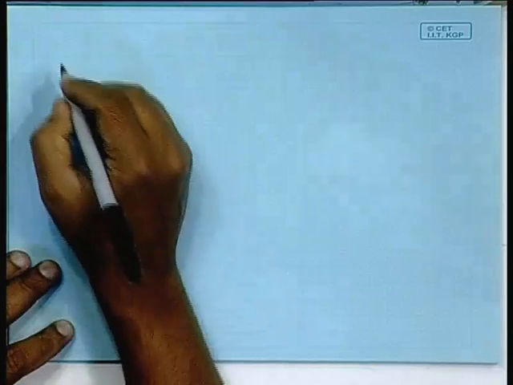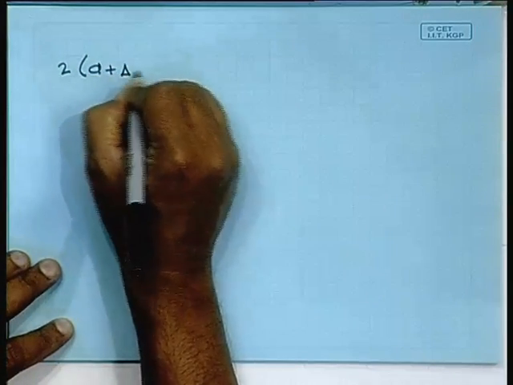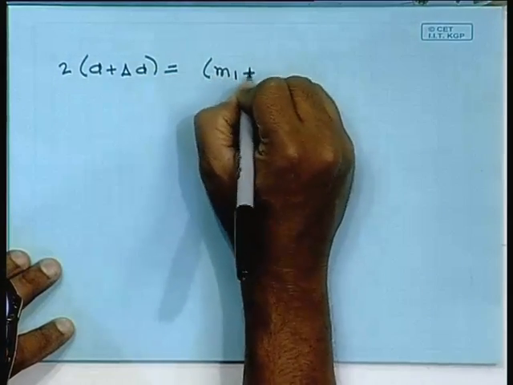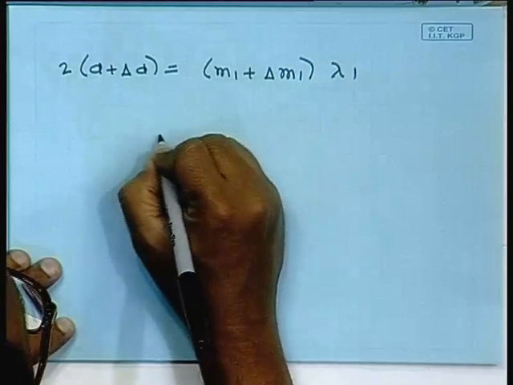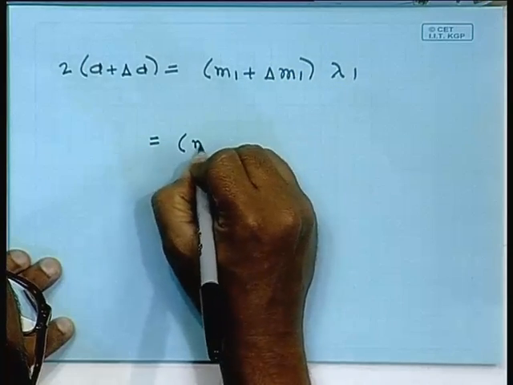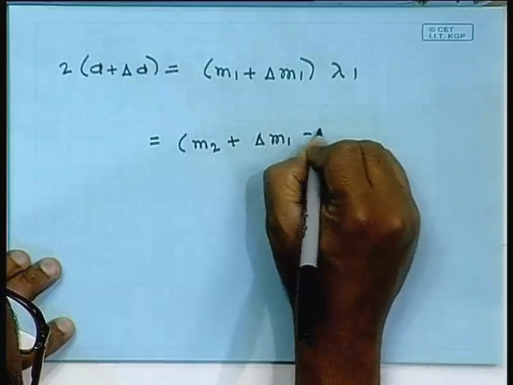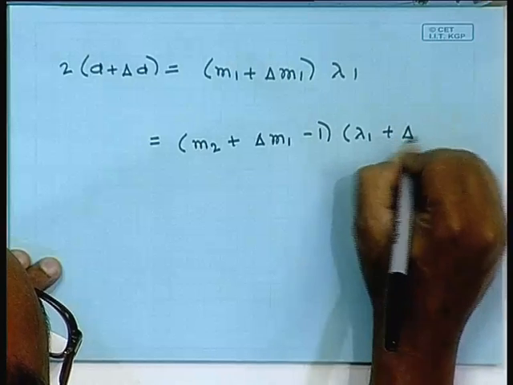So, this condition essentially means that 2 d plus delta d is equal to m1 plus delta m1 times lambda 1, this is also equal to m2 plus delta m1 minus 1 times lambda 1 plus delta lambda.